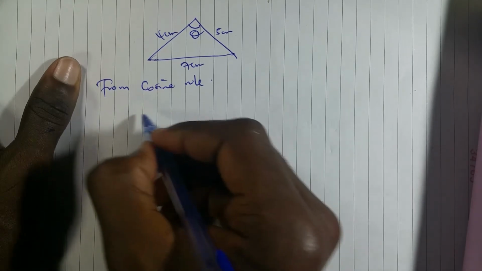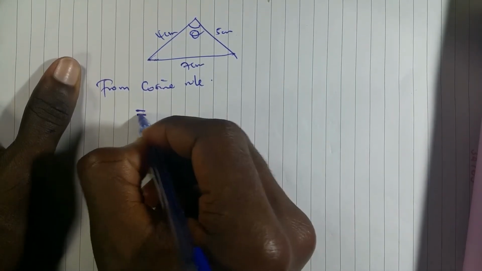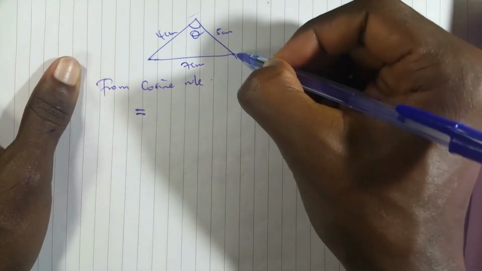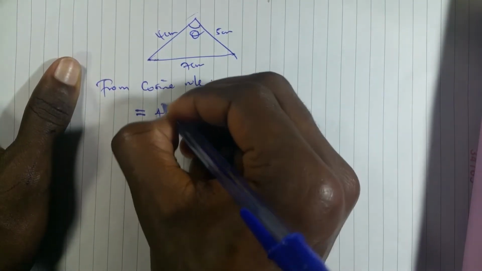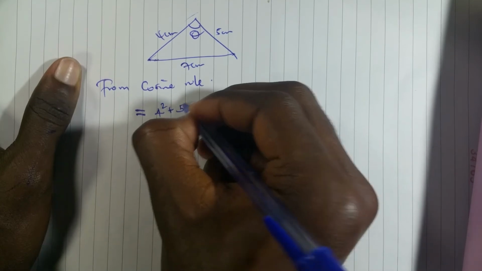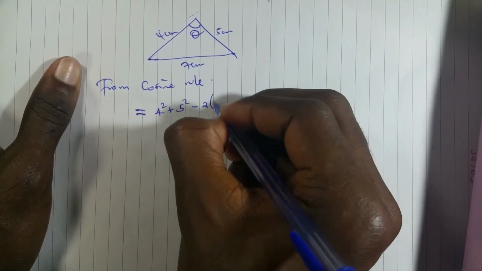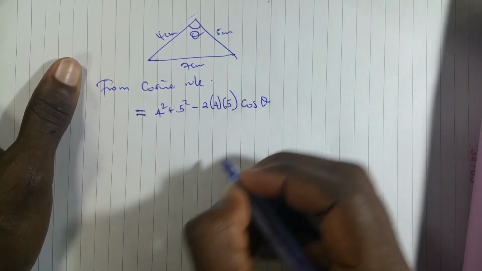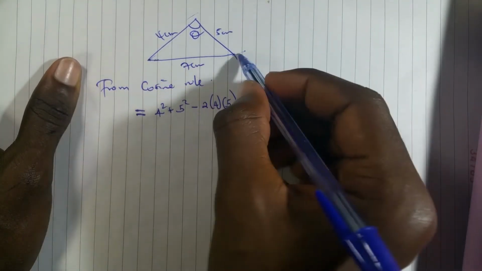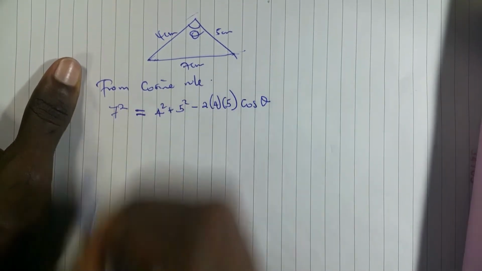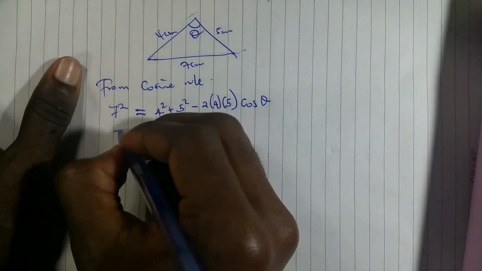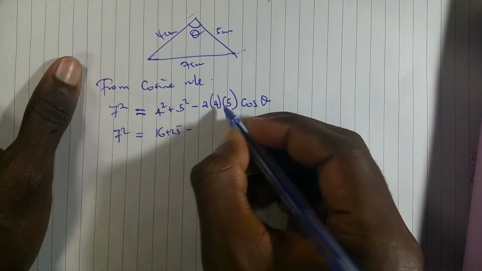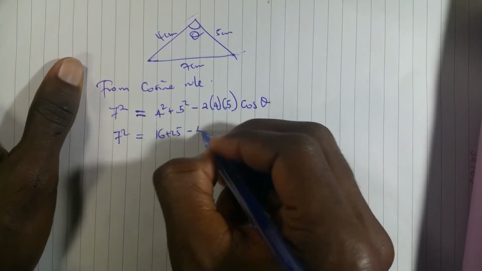Remember our cosine rule: we have the sides forming the angle, we put their squares on one side, then minus 2 times their values, then cos of the angle they are forming. The side which is not forming the angle is the one we square on the other side. So we have 7 squared equals 16 plus 25 minus 2 times 4 times 5, which is 40.